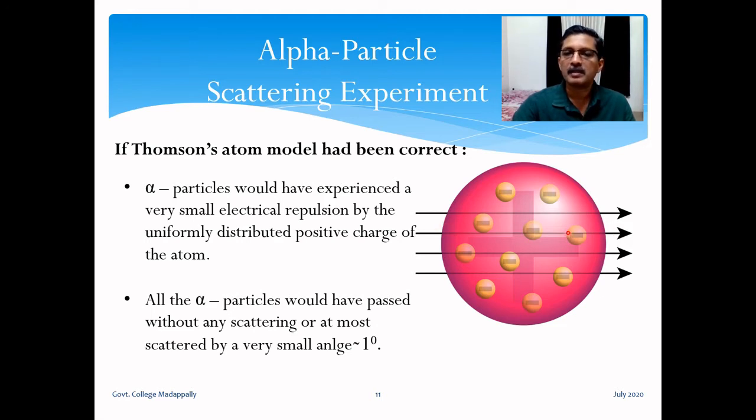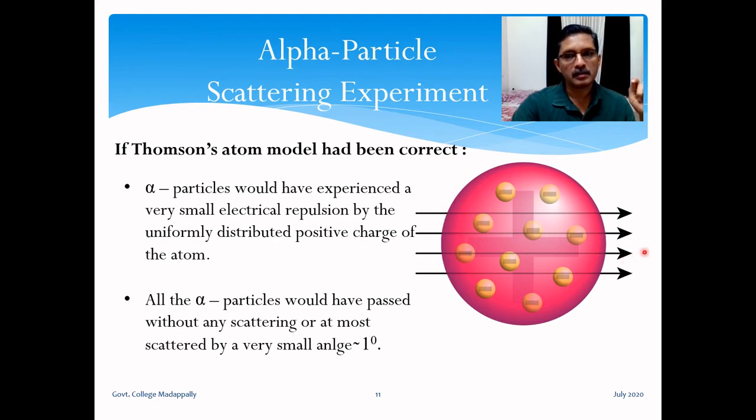Most of the alpha particles will pass through the atom without any scattering, and some may undergo at most small angle scattering of the order of 1 degree, 2 degrees, etc. So if Thomson's atom model were correct, most of the alpha particles should have passed without any scattering, and some should undergo small angle scattering only. There should not be any large angle scattering or backscattering.